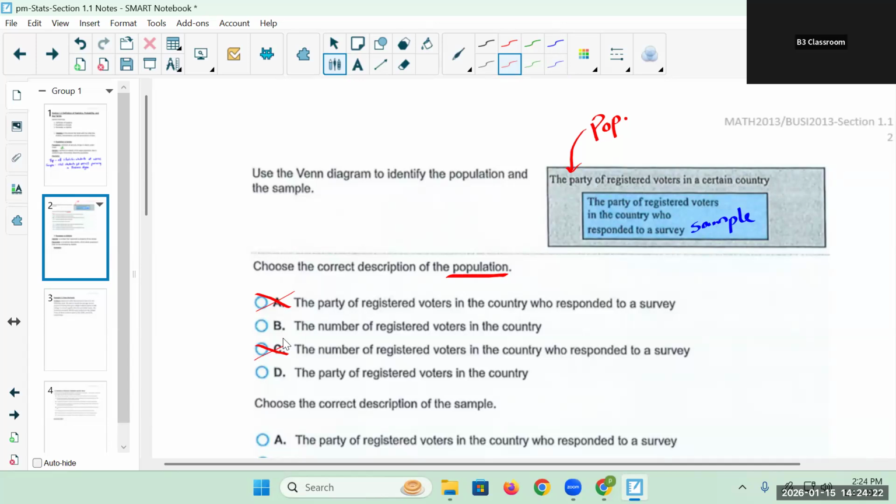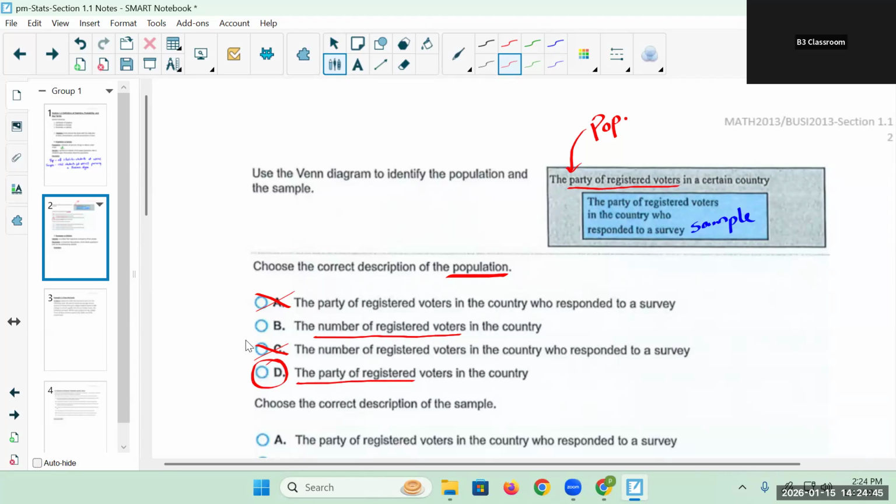You see that? So they're not your population. But look how specific this gets. This says number of registered voters. This is party of registered voters. So I want to match that closely, so it will be D. Seems like the same thing, but just multiple choice can be really tricky.